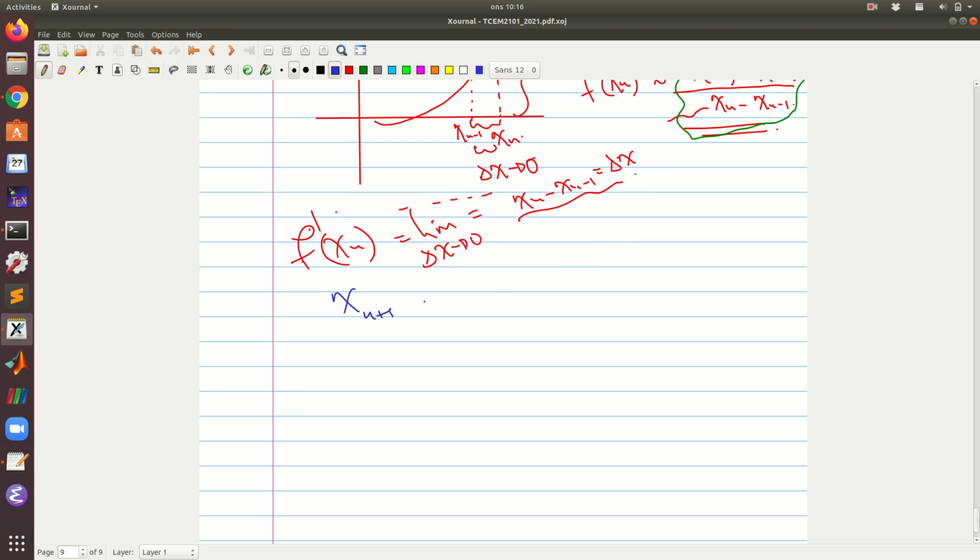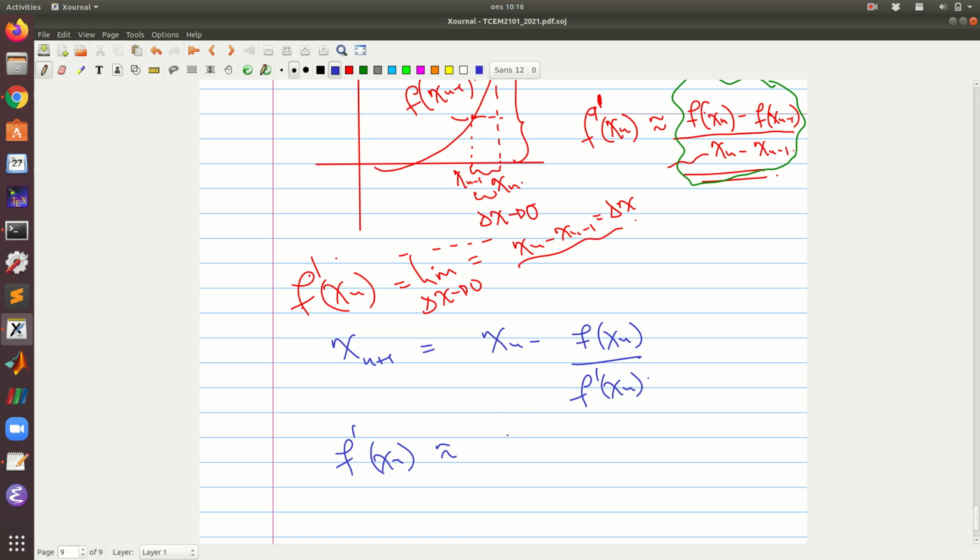We have xn plus 1 equals xn minus f of xn over f dash of xn, where f dash of xn we are approximating with fn minus fn minus 1, where fn is short form for the value of f at xn, and fn minus 1 is the value of f at xn minus 1, divided by xn minus xn minus 1.